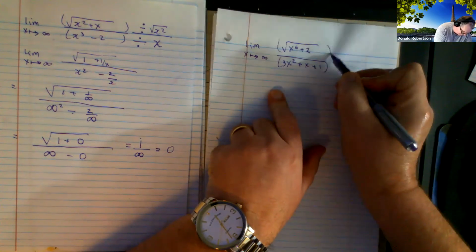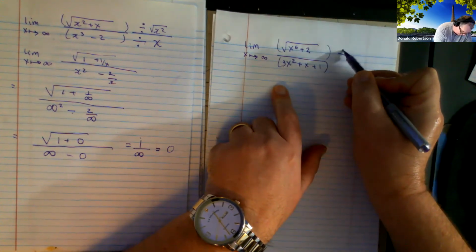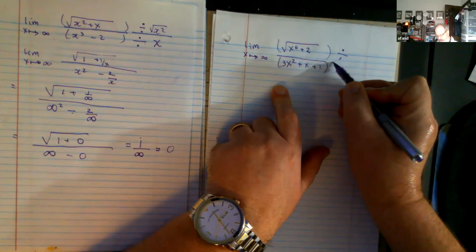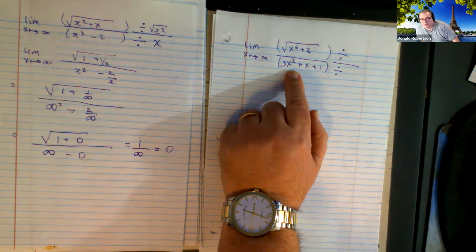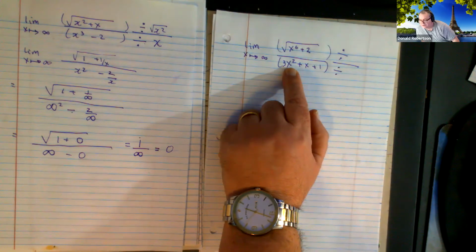We're going to divide the top and bottom by some power of x. What does 3x squared plus x plus 1? And would you agree that the best power is x squared here, right?